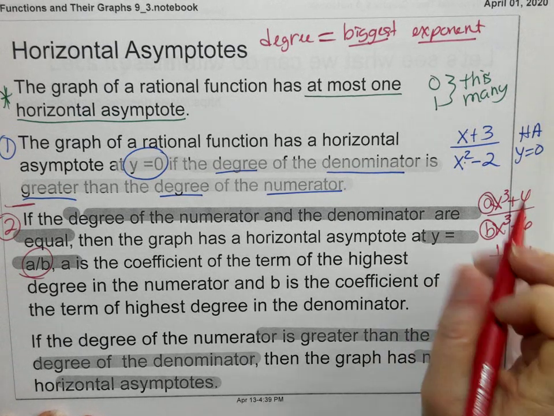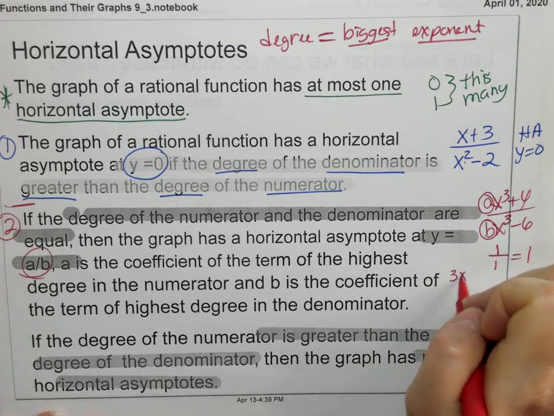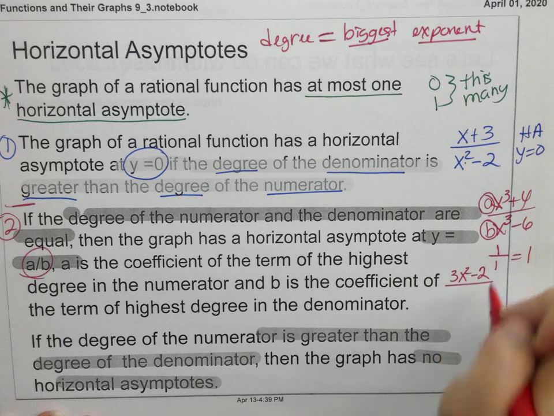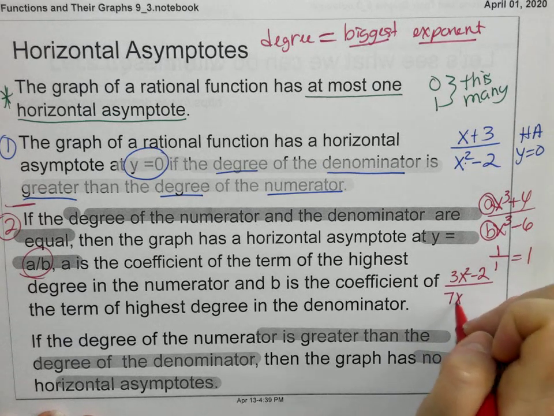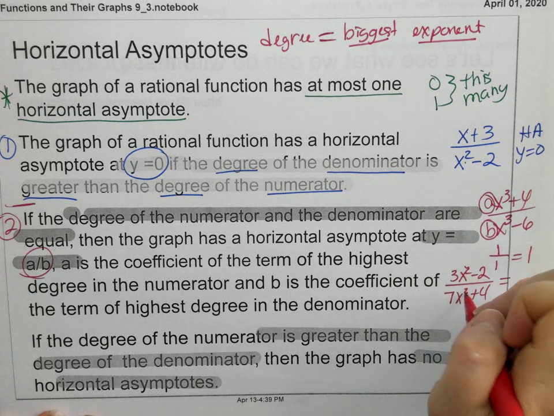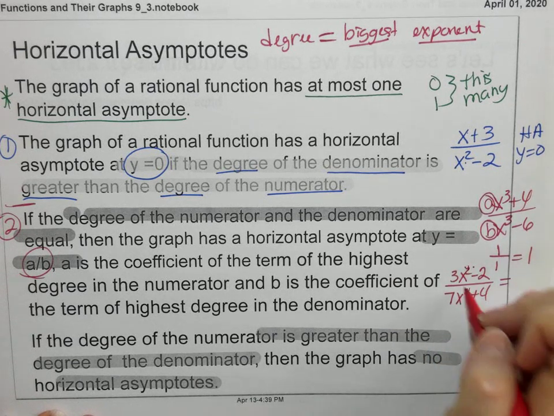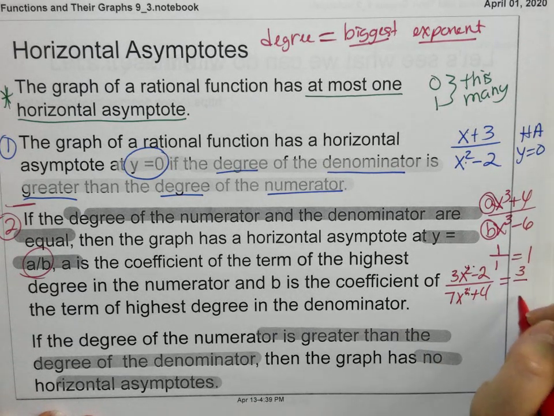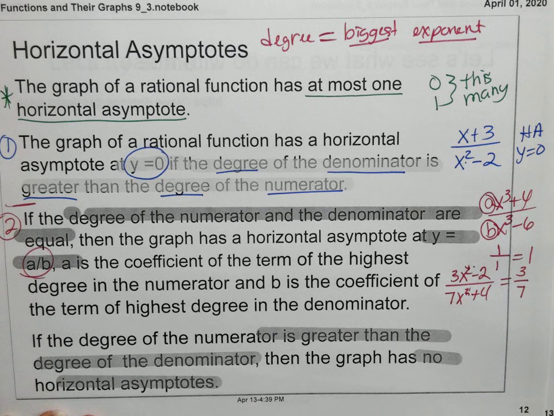If I had 3x squared minus 2 over 7x squared plus 4, again, the exponents match. Then I would take the 3 from the top and the 7 from the bottom, and that would be my horizontal asymptote.